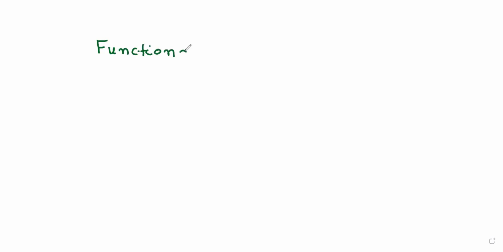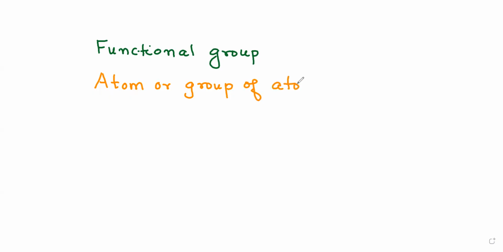A functional group can be a single atom or a group of atoms, which, when attached to a hydrocarbon, decide all the chemical properties. This is what we call a functional group.